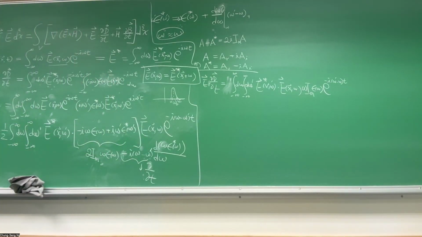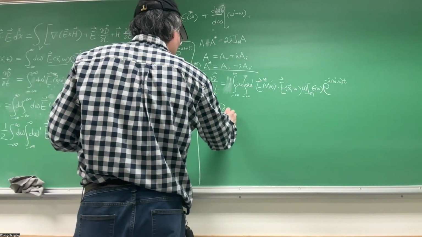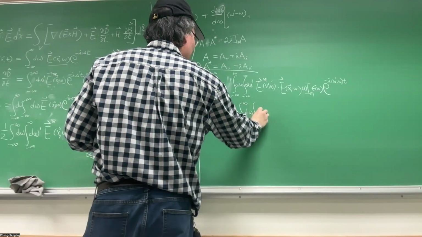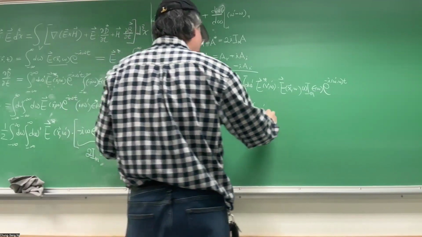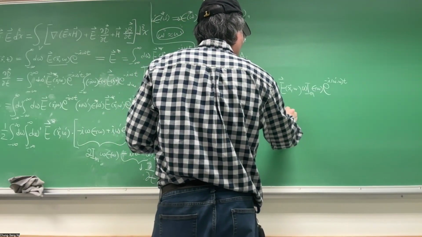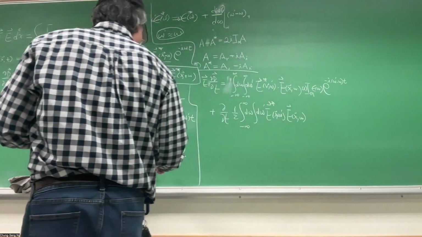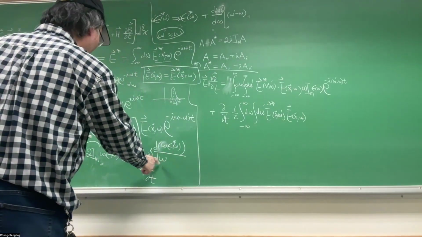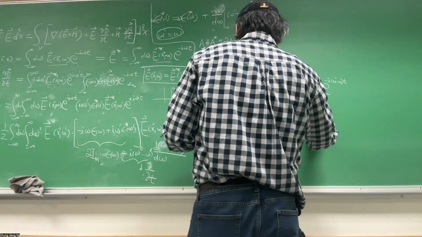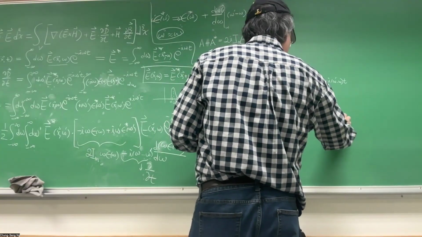Okay, so the other one is partial t of 1/2. Same thing. And the factor is, instead of this imaginary one, you have this d/d omega of omega times epsilon complex conjugate.